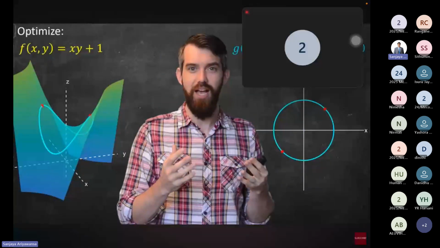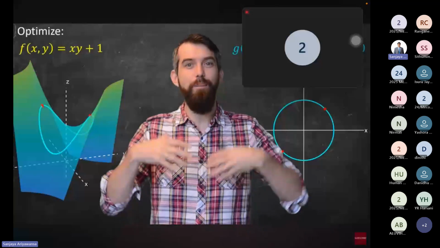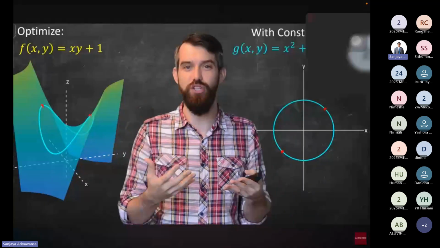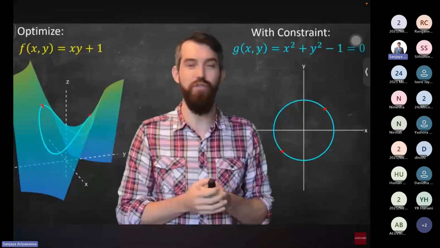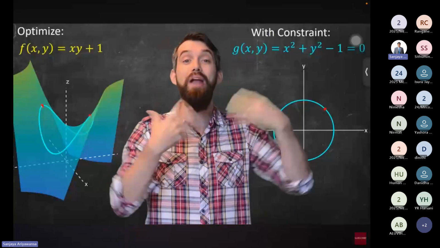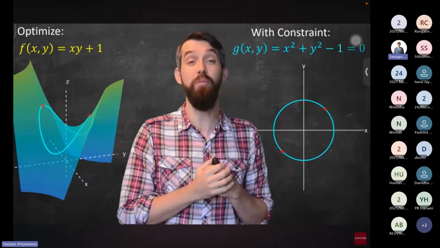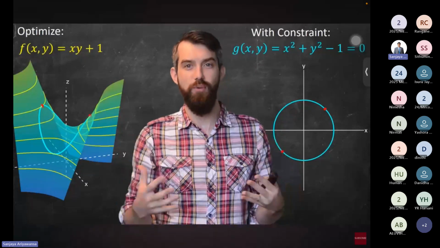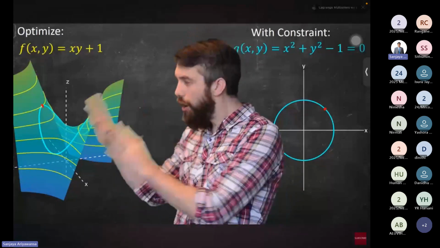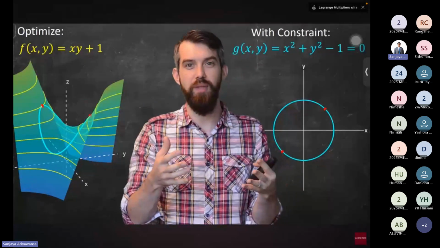For instance, I've highlighted here in the red dots the maximums of the value of the function constrained to live on the curve. And then in the domain, the two red dots say where in the domain am I going to have these maximums? Also looks like I have two minimums as well. To help me understand what's going on here, I put up contours on the graph of my function.